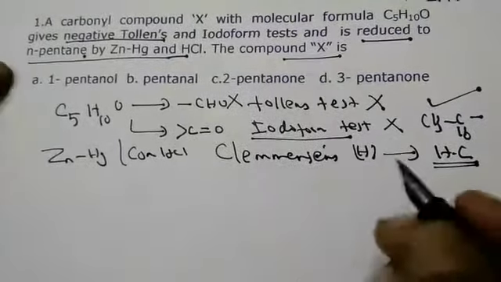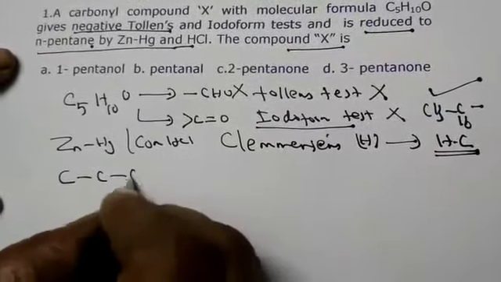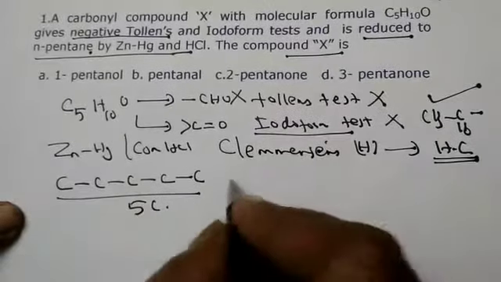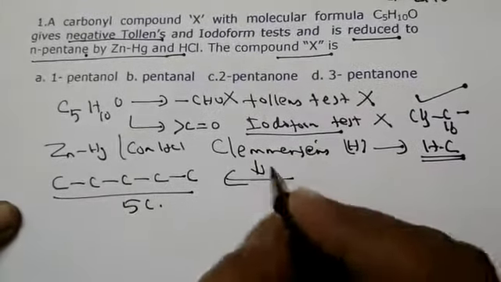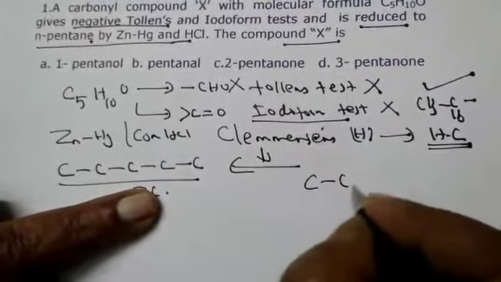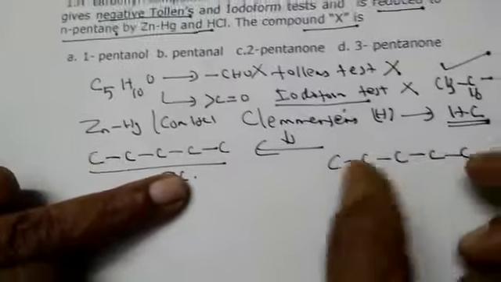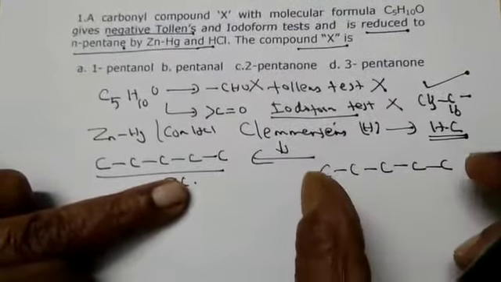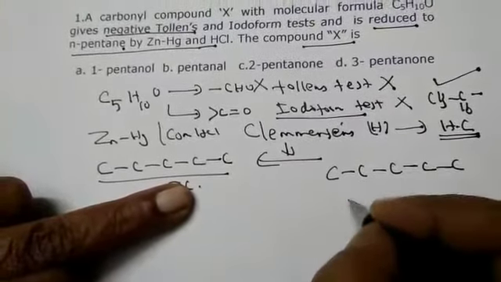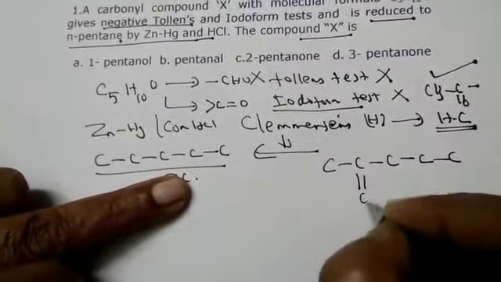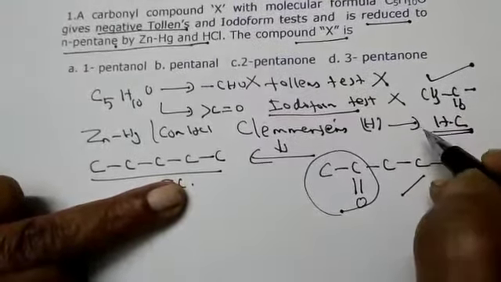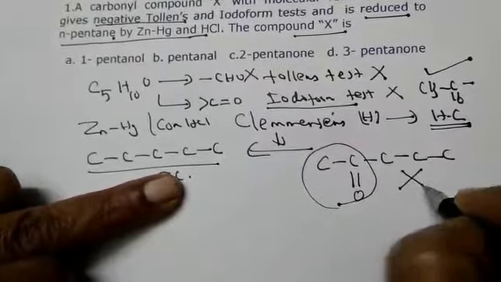From n-pentane, which is having 5 carbons, you are getting it by the Clemmensen reduction, so one of the carbons should contain a carbonyl. Let me write here the carbonyl. It is the ketone, but I should not put it here, because if I put it here it will become a methyl ketone. Since it is not answering the iodoform test, I should not take this format.